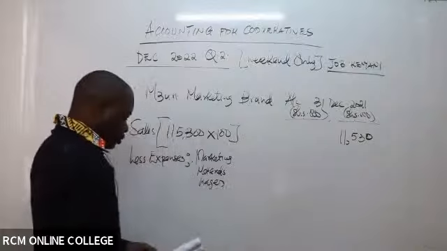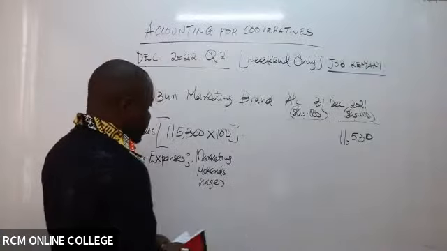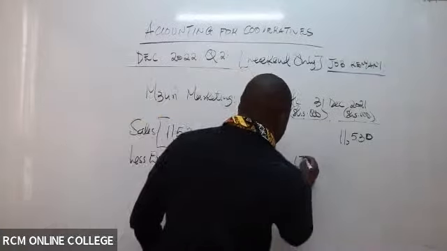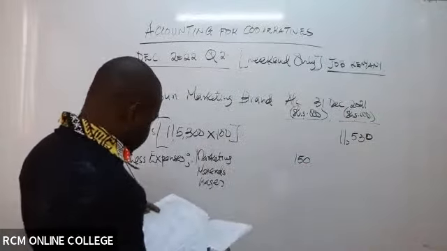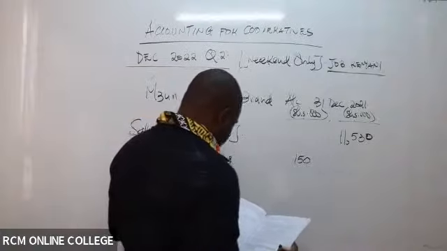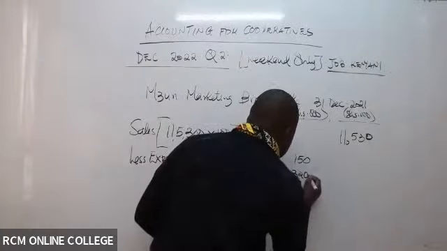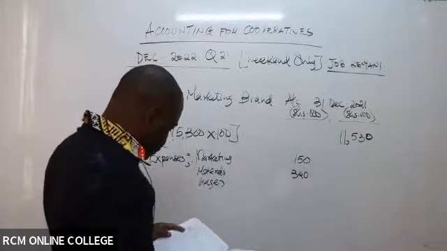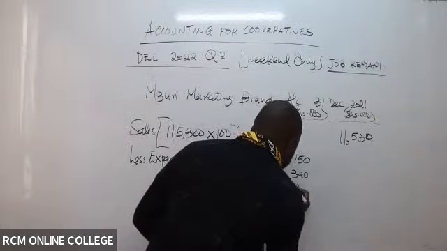If you look at our trial balance, the marketing expenses for this particular brand were 150,000. Then the processing materials were 320,000. Then the processing wages were, I think, actually 30.